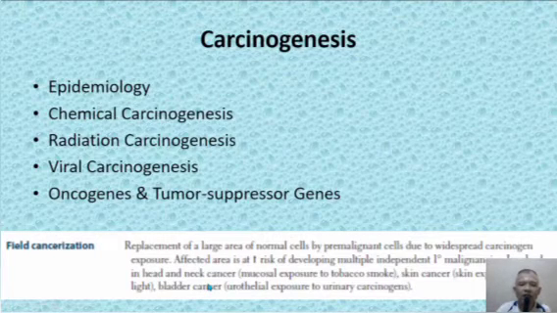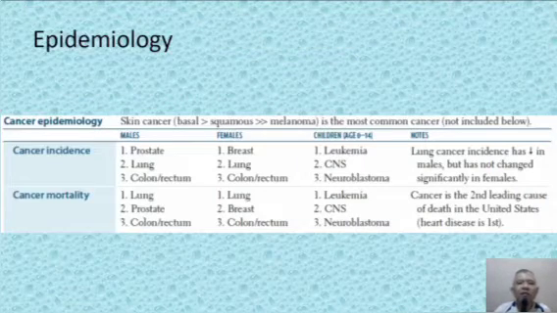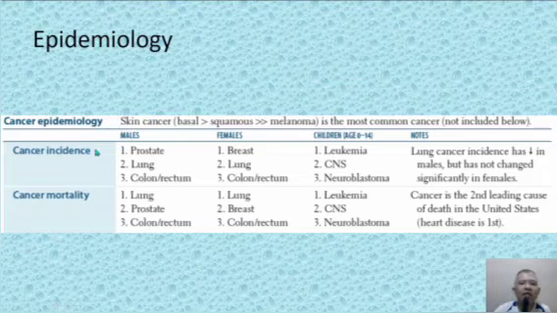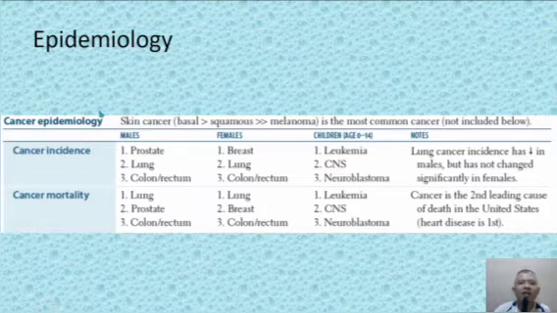So let's go first to epidemiology. The most common cancer is skin cancer. However, in morbidity among males, the number one is prostate CA. For females, number one is breast CA.